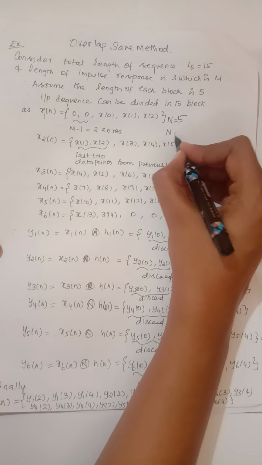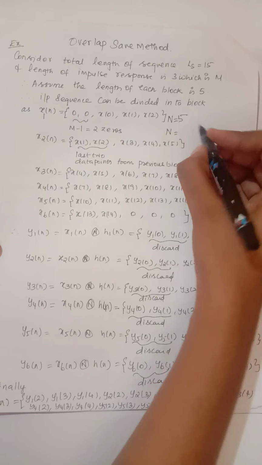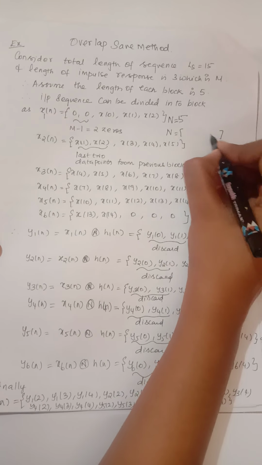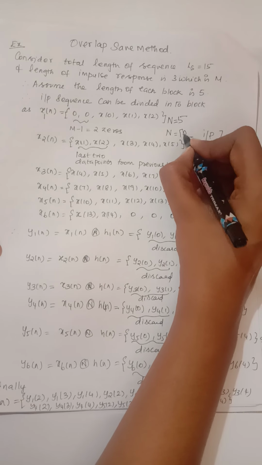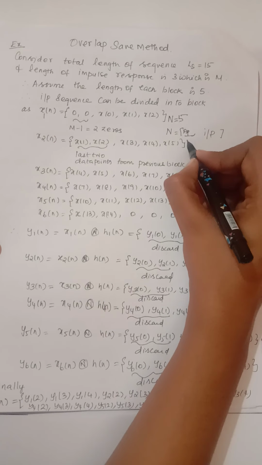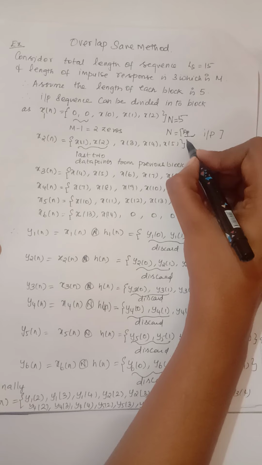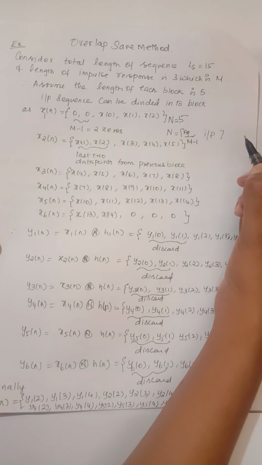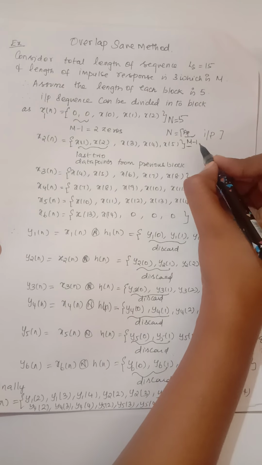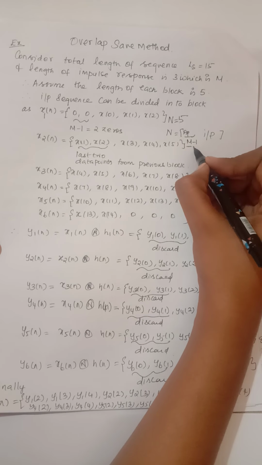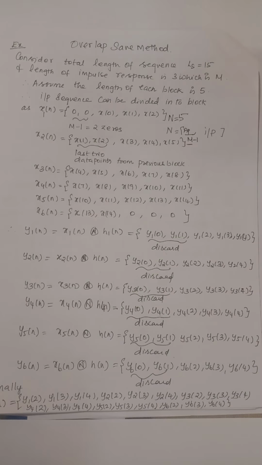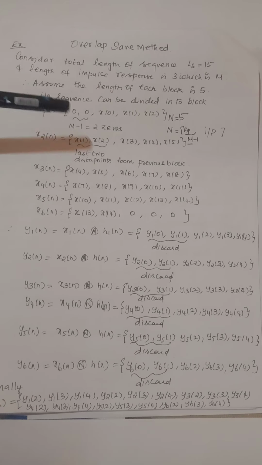In this block, you need the input sequence as well as appended zeros. We need to append m-1 zeros, where m is the length of the impulse response. In this case I have assumed the impulse response length is 3, so m-1 is 2.